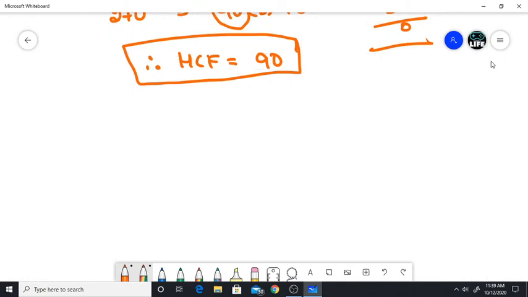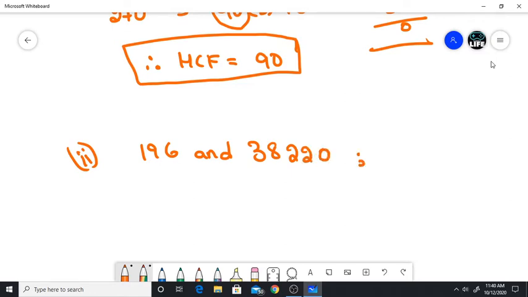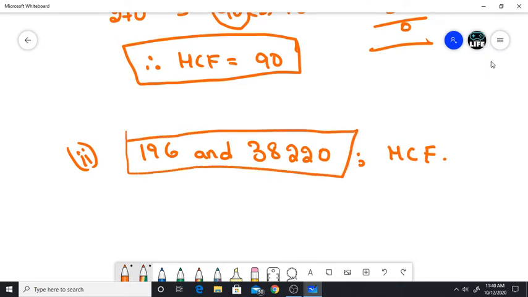And let's do the second sum. Given 196 and 38220, find the HCF. It is given like this in the textbook, but there is a mistake in this.